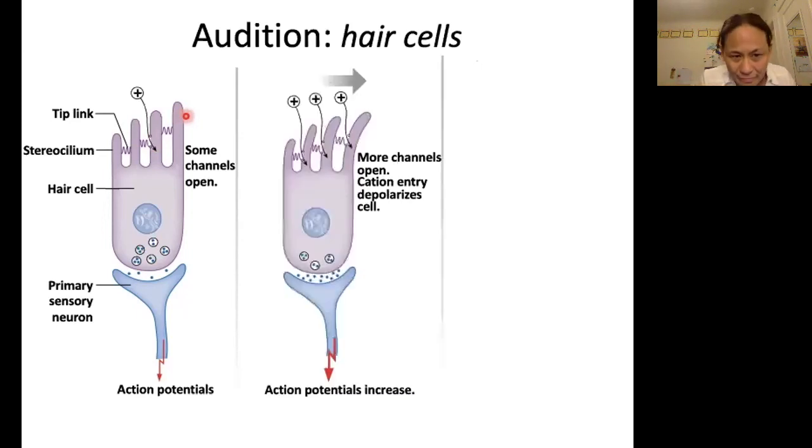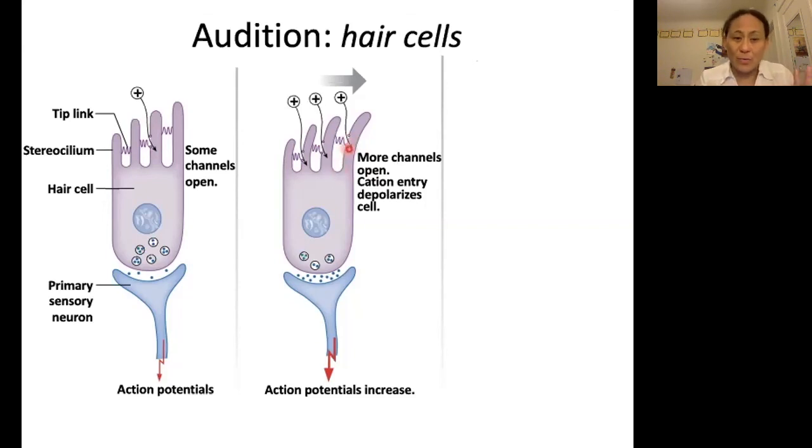This next panel shows you that if we move in one direction, that's going to cause more of these mechanically gated ion channels to open. We all hopefully know by now what happens when ion channels open, right? We get ion movement across the membrane. That's going to lead to a change in membrane potential.